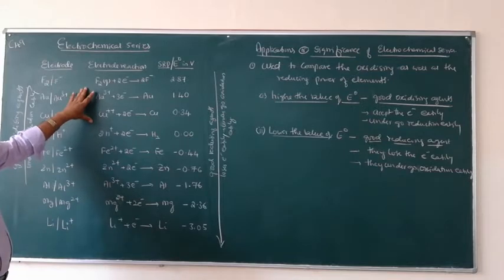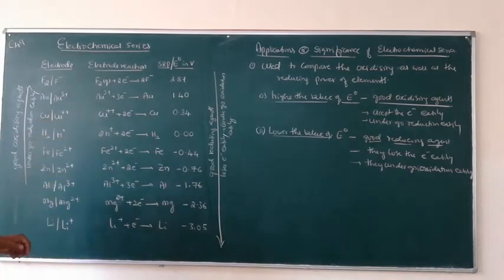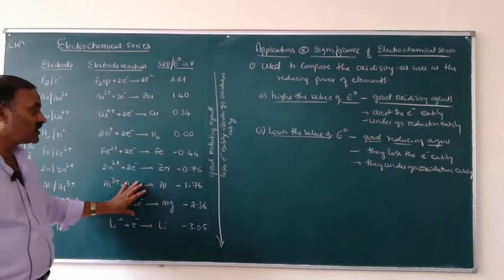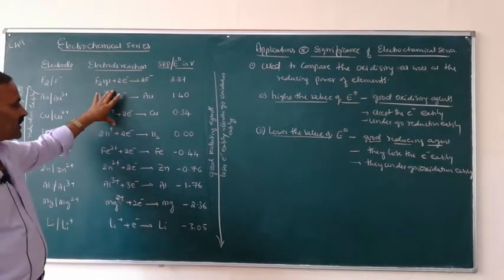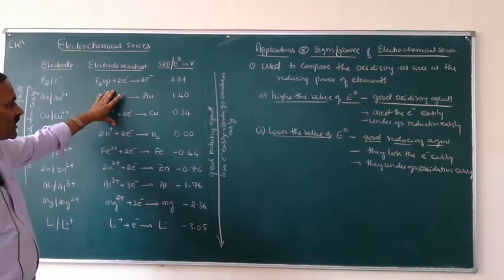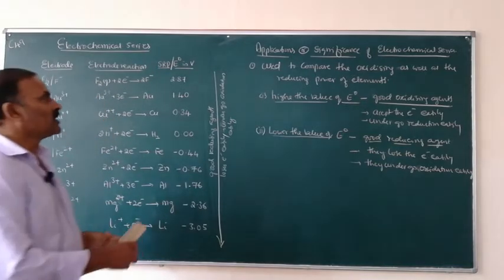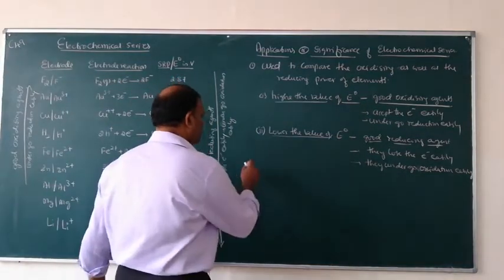Higher the value, they undergo reduction easily. So we can compare the oxidizing power and reducing power. The elements below in the series undergo oxidation easily and therefore they are good reducing agents. Elements at the top undergo reduction easily and they are good oxidizing agents. So this is the first application.